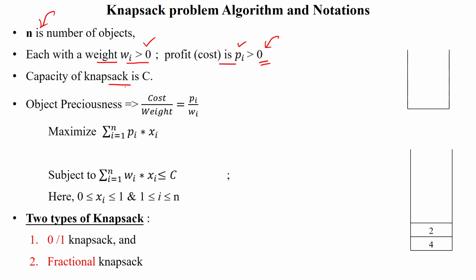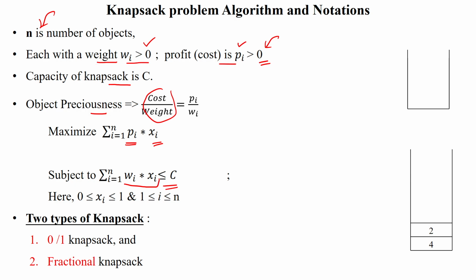The capacity of the knapsack is represented by capital C. Preciousness is calculated using cost by weight. Then we maximize the purchase by the sum of the profit of the corresponding item times the number of units of that item, subject to being less than or equal to the capacity.